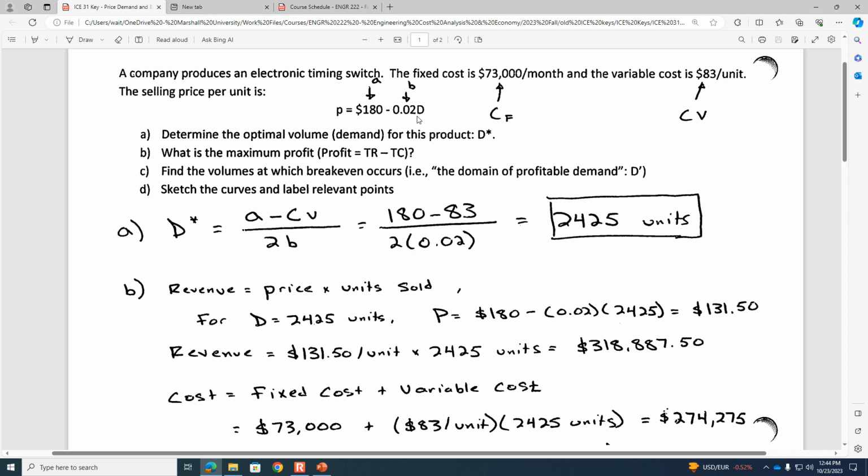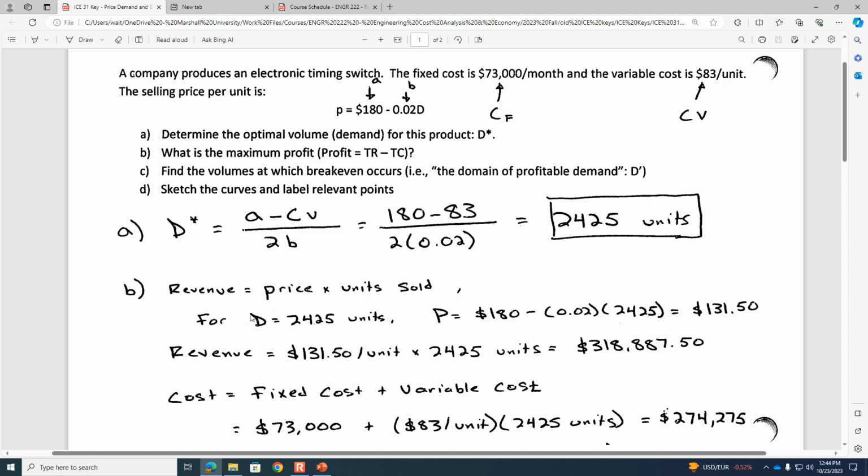And so then to find out the maximum profit, we're going to have to know what's the revenue at 2425 units per month and what is the cost at 2425 units per month. So the revenue part of it requires us to find out what's the purchasing price that would stimulate that amount of demand.